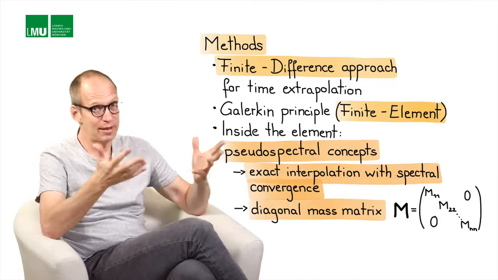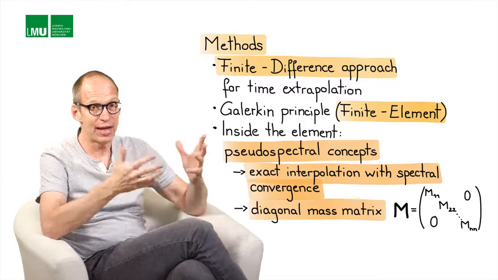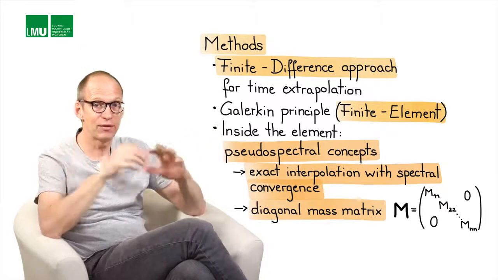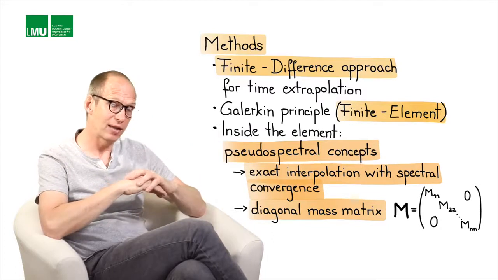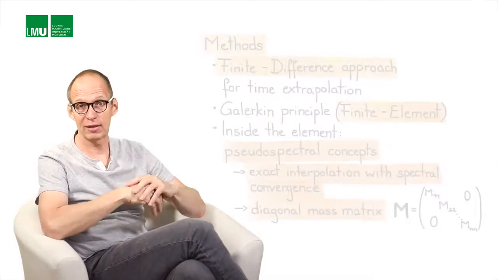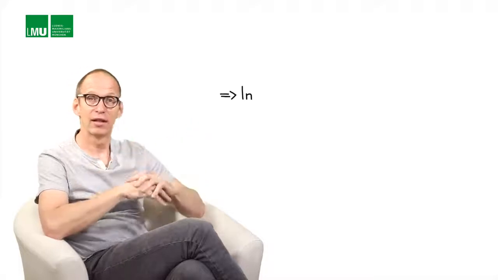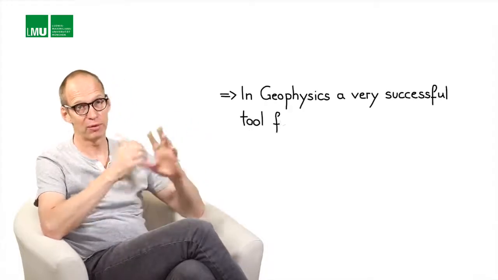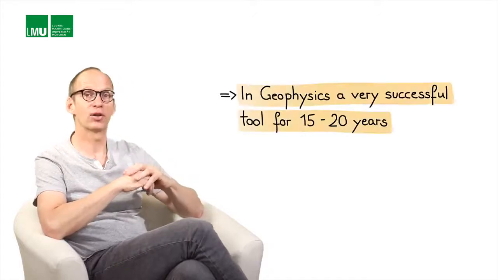If that matrix is diagonal, it's trivial to invert it, and that makes it very, very easy to parallelize. That's one of the reasons why in my field in geophysics, and in particular in seismology for elastic wave propagation, that method has had a very successful story ever since it was introduced maybe 15, 20 years ago.